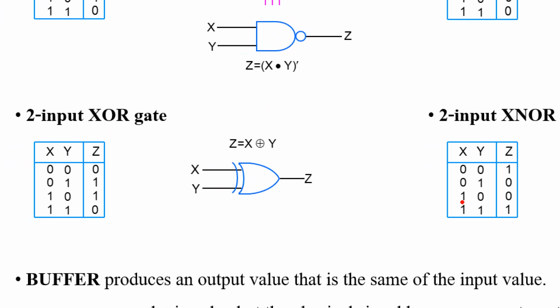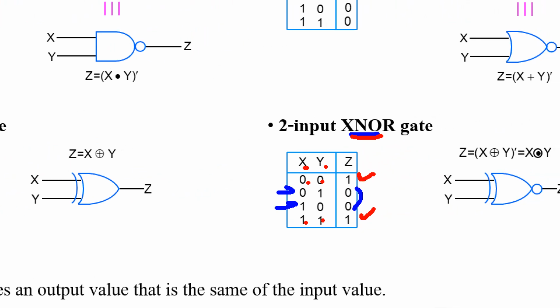And please note, in the two tables, XNOR and XOR are opposite: 0, 1, 1, 0 versus 1, 0, 0, 1. The XOR output will be 1 when the values of the inputs are different. But for XNOR, if the inputs are different, the output will be 0. The XNOR output will be 1 when the inputs are the same, 0, 0 or 1, 1. But for XOR, if the inputs are the same, the output will be 0.